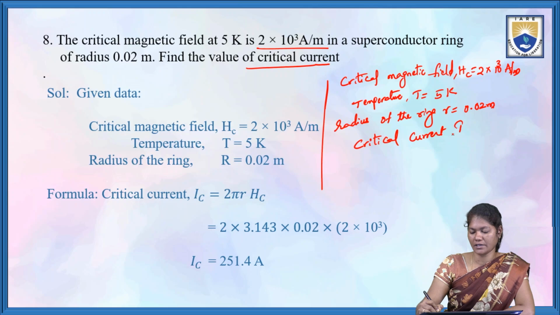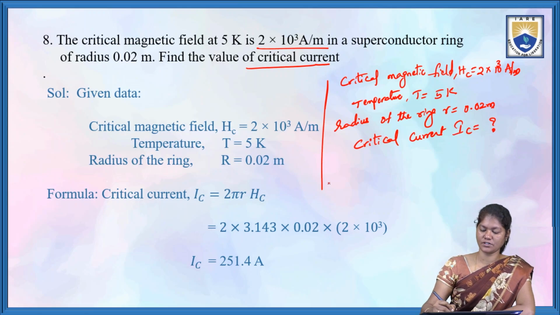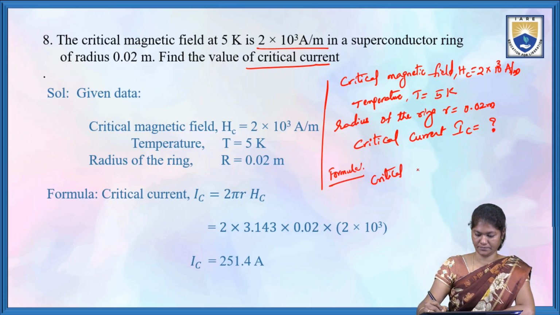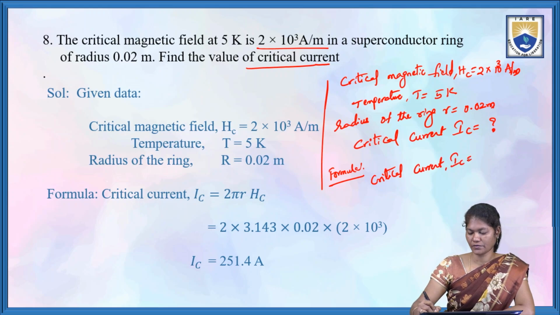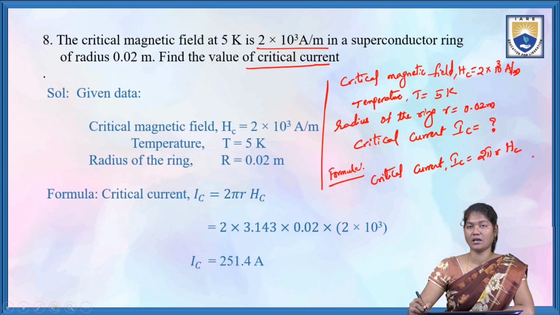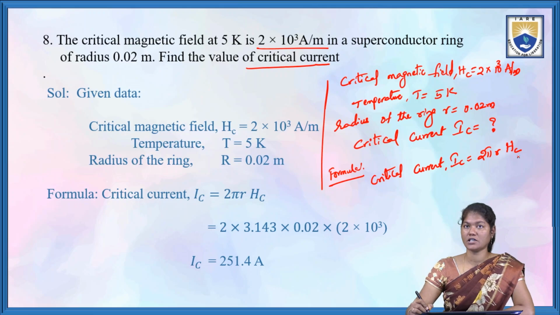Critical current IC is equal to how much? The formula for finding the critical current is IC equals 2 pi R Hc, where R is the radius of the ring and Hc is the critical magnetic field.